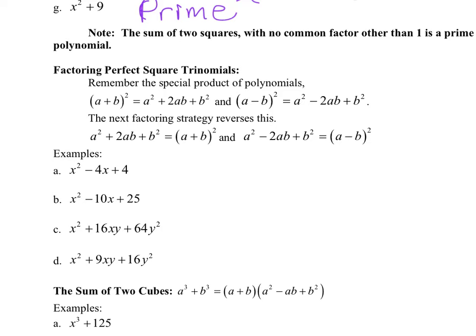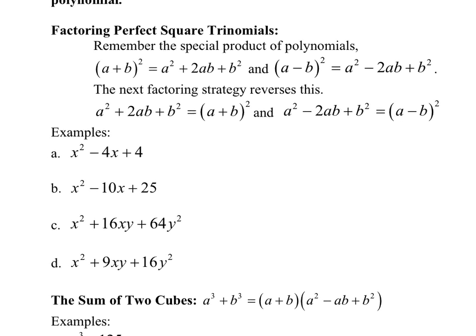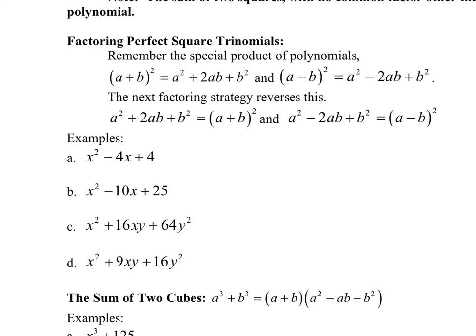All right, factoring perfect square trinomials. This is remembering our special pattern. The thing we've got to watch out for is this 2ab. We're looking for the square root of the a and the square root of the b, and looking to see if my middle term is twice their product.